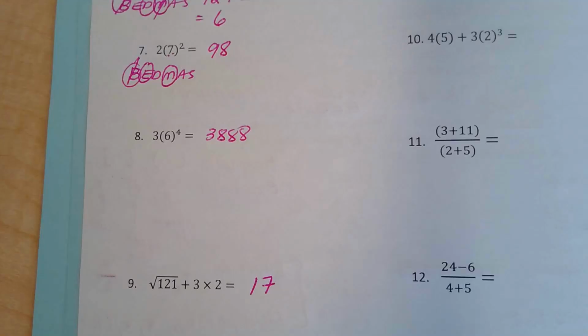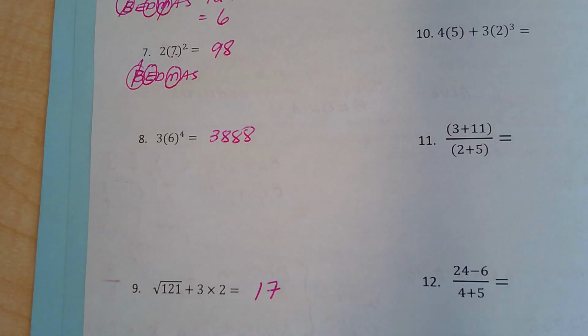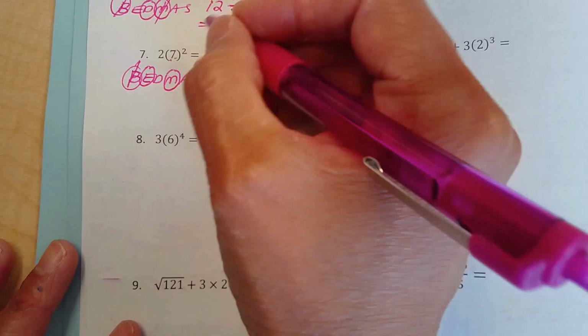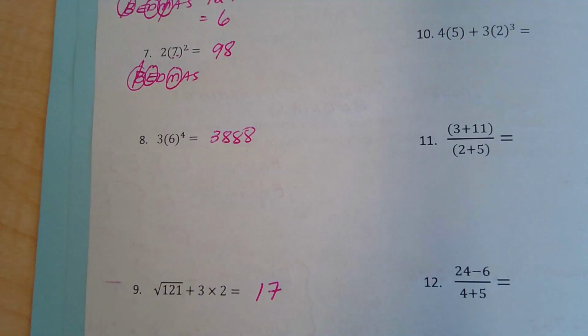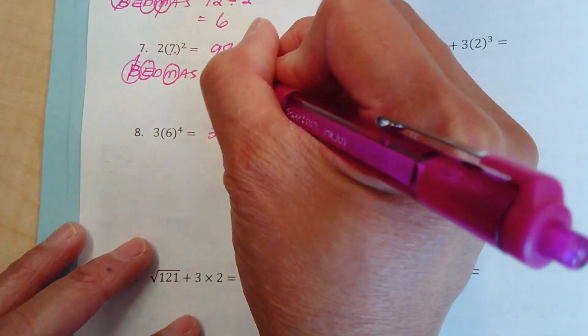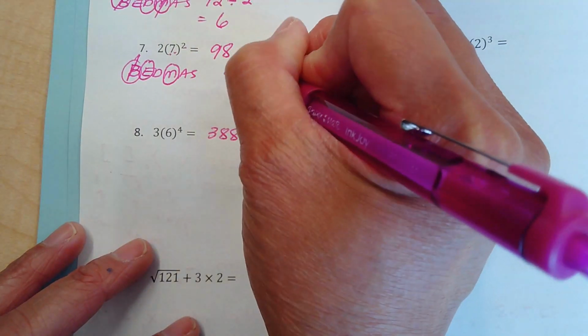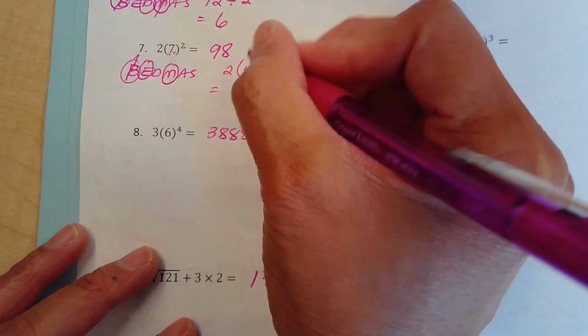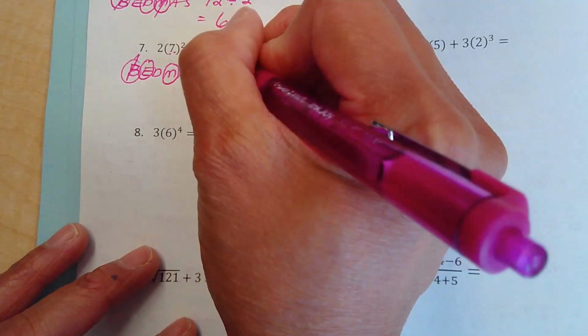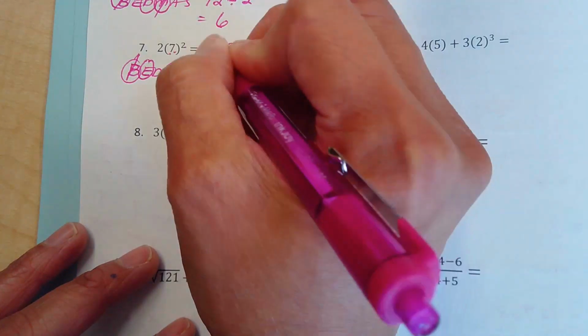Squared. So 7 squared means 7 times 7, which is 49, right? So it's going to be 2 times 49. And then 2 times 49 is 98. That's your answer.